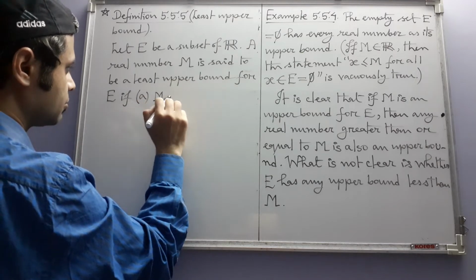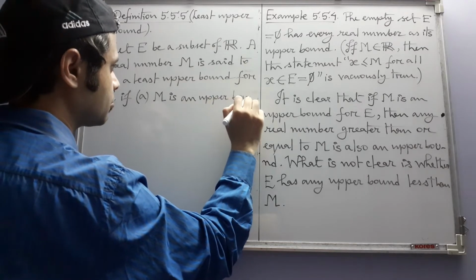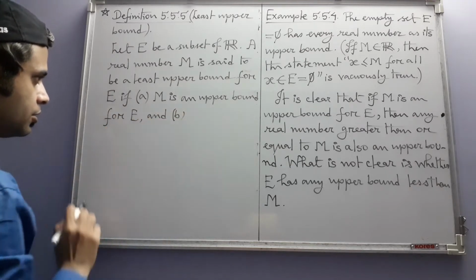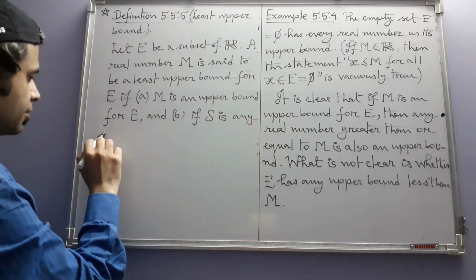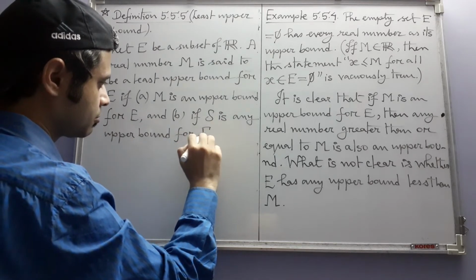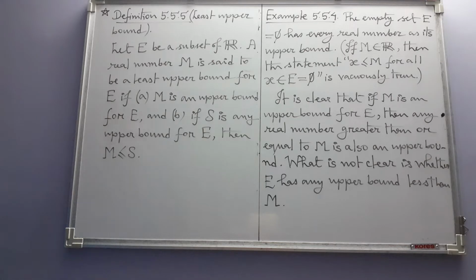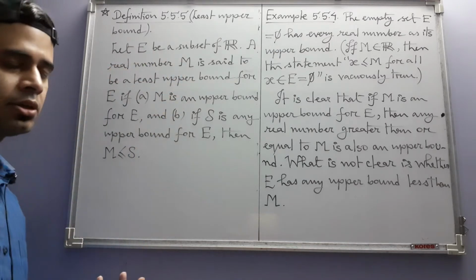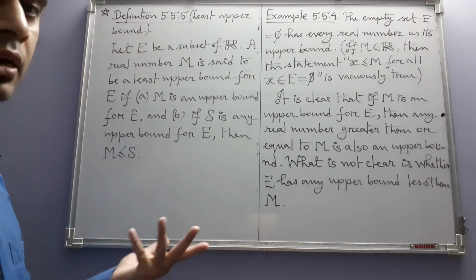Condition A, m is first of all an upper bound for E, and condition B, if S is any upper bound for E, then m is less than or equal to S. So that means a real number m is a least upper bound for E if m is an upper bound for E and m is the smallest among all the upper bounds. That's why it's called a least upper bound.